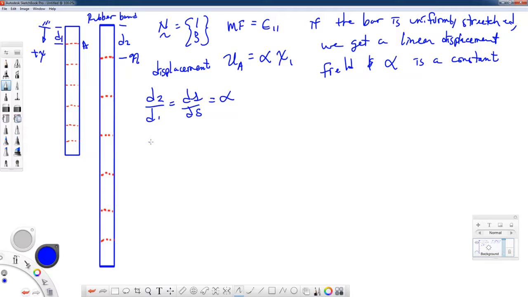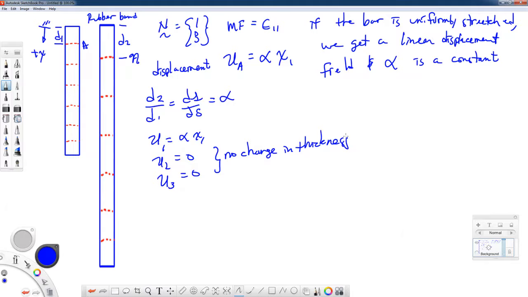So our displacement field components, u1 would be equal to alpha x1, u2 would be equal to 0, and u3 equal to 0. Now in reality we will get some Poisson type contraction, but we're assuming no change in thickness. I'm going to keep things easy for right now.